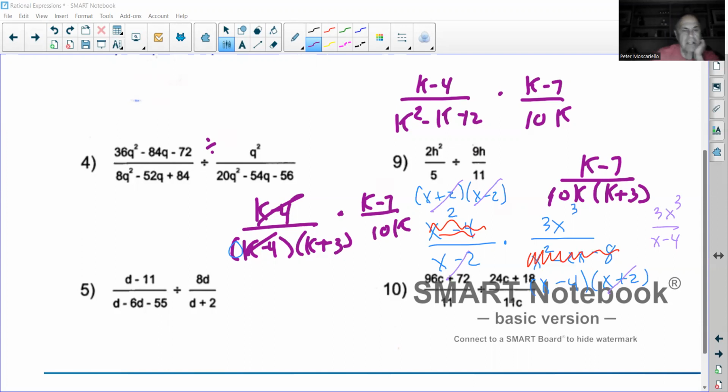How do I input that? You know what? I'm not sure. Let's find out. I need my keyboard. So how do I put in 3x cubed? 3x. Now, how do I raise it to the third power? See this a to the b power? Hit a to the b, and then 3. There's your 3x cubed.